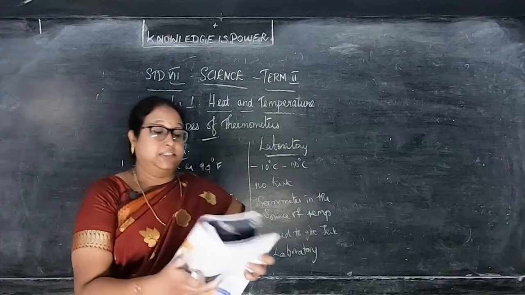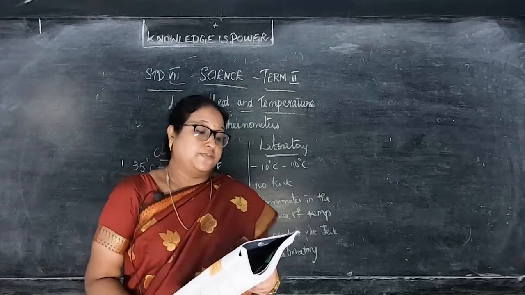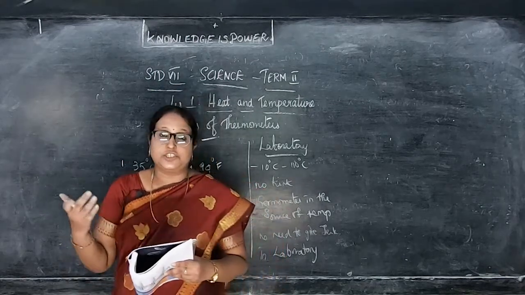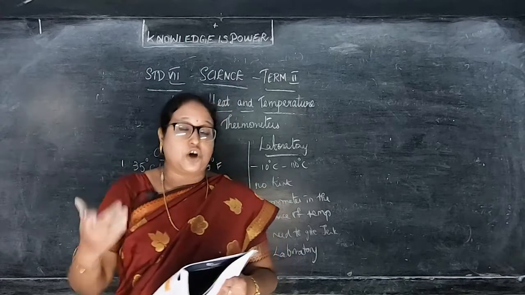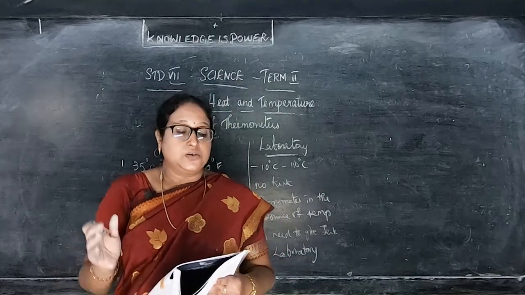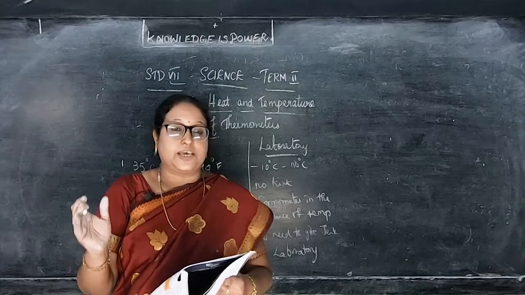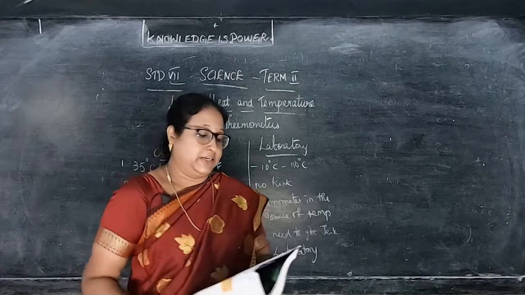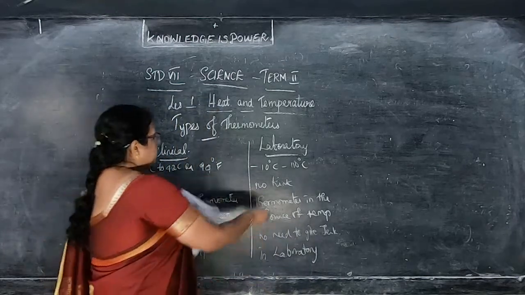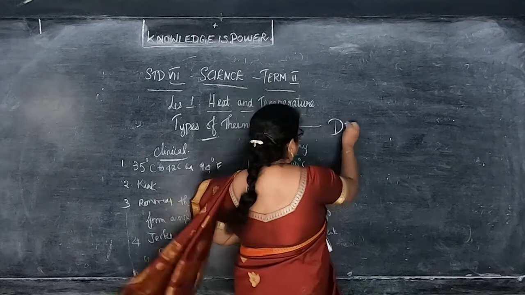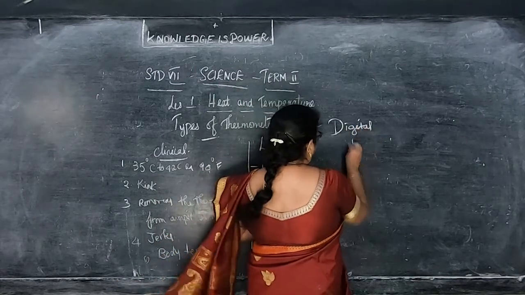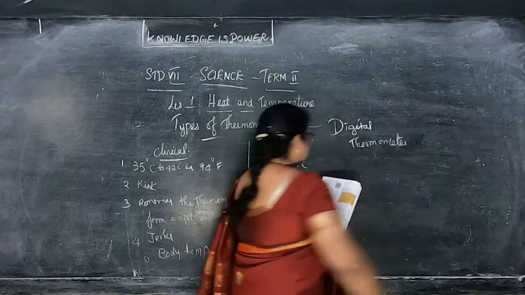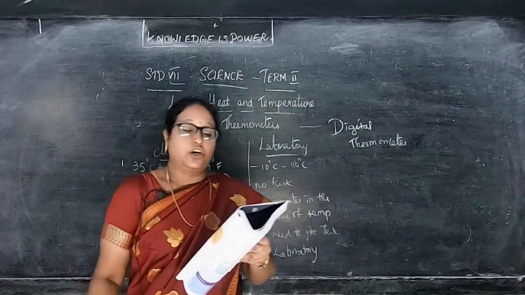Next is the digital thermometer. Now there is a lot of concern over the use of mercury in thermometers. As technology has developed, digital thermometers have come. Mercury is a toxic substance and it's very difficult to dispose of if a thermometer breaks. So nowadays, digital thermometers are available which do not use mercury.